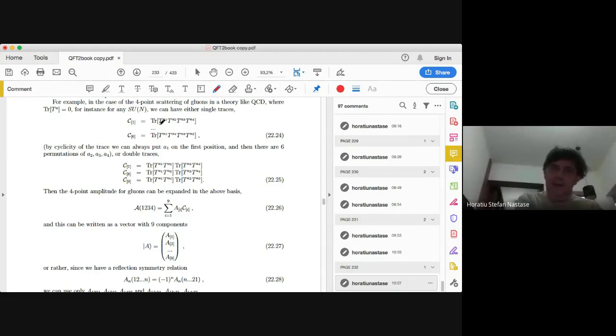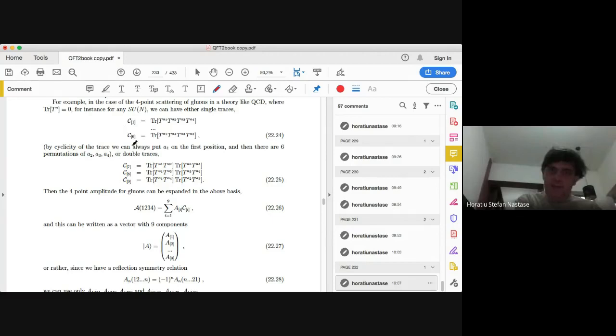And then finally, the possibility is to have 1 single trace of T^A1 T^A2 T^A3 T^A4, plus the various permutations. But since the trace is cyclic, I can always put A1 in the first position. So the independent color structures are with the permutations of the next three T^A's. 3 permutations means 6.